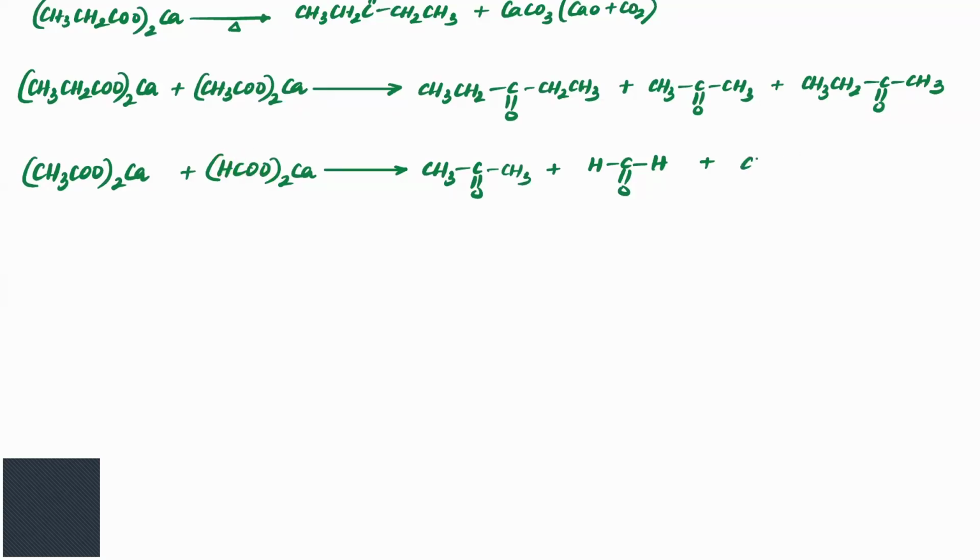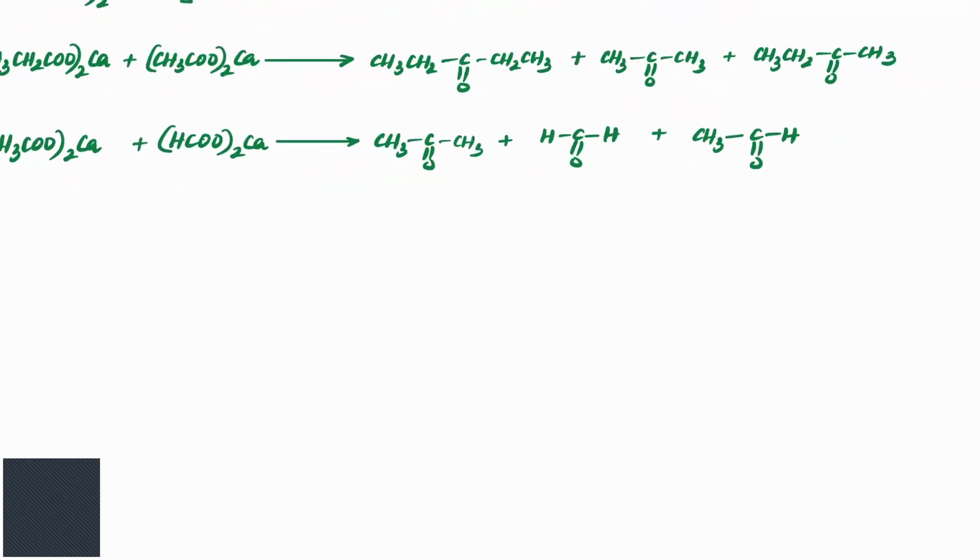So this is that aldehyde form which you will get. But what you would notice is this will be a poor yield. This is a poor yield.